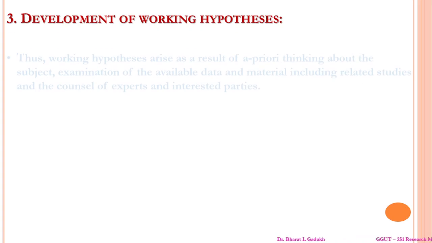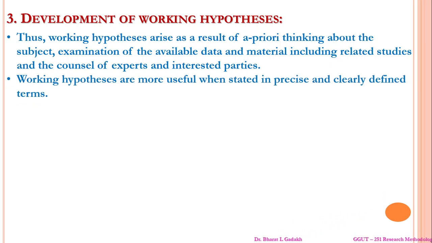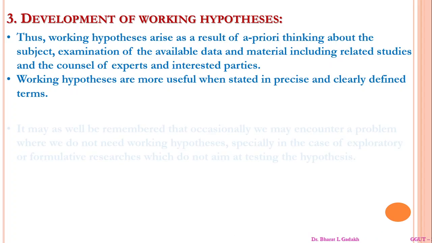Now, development of working hypothesis. The working hypothesis arises as a result of prior thinking about the subject, examination of the available data and material, including related studies, and consultation with experts and interested parties. Working hypotheses are more useful when stated in precise, clearly defined terms.